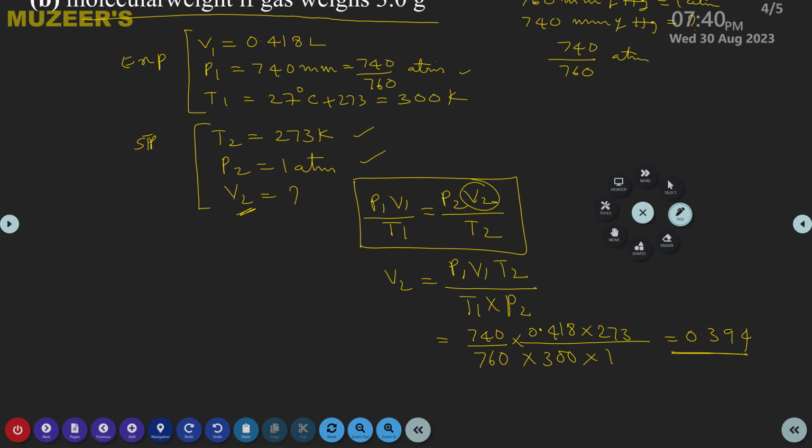Here 0.418 liters becomes 0.394 liters at STP if temperature and pressure changed from 740 mm to 1 atmosphere and temperature 300 kelvins to 273 kelvins. Okay, so this is important problem. Next one.